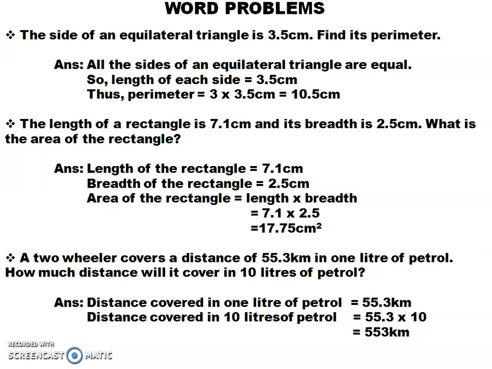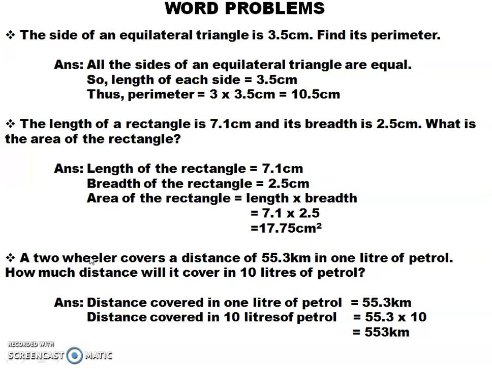Can you tell me what is the formula for area of the rectangle? Yes, it is length into breadth. So which topic is this? Multiplying two decimal numbers. So you will multiply 71 and 25 and then 2 decimal places. So the final answer is 17.75 centimeter square.